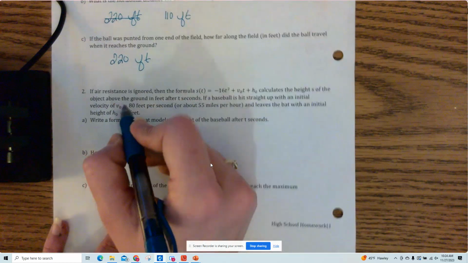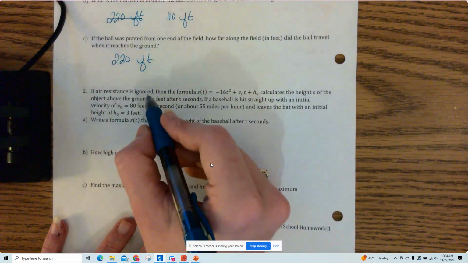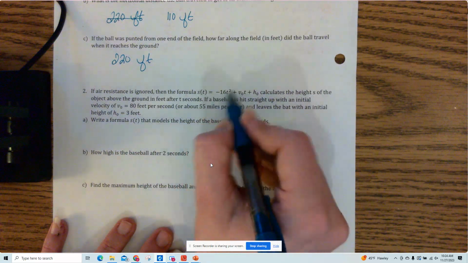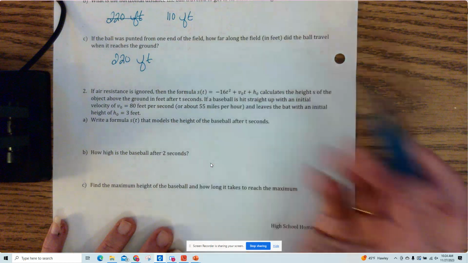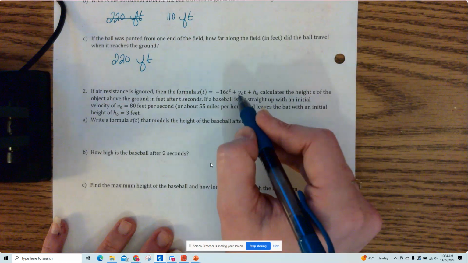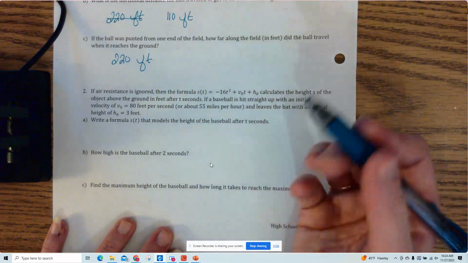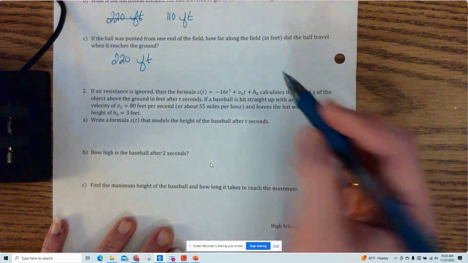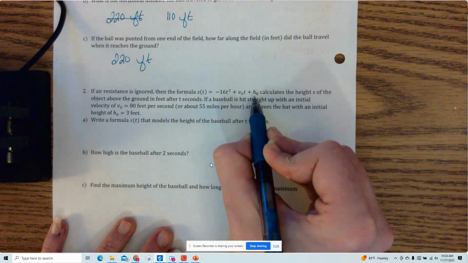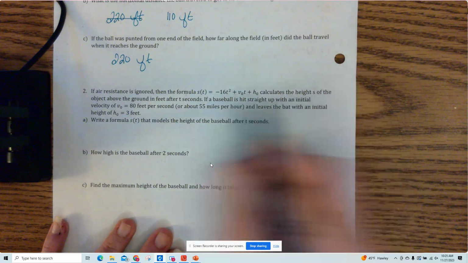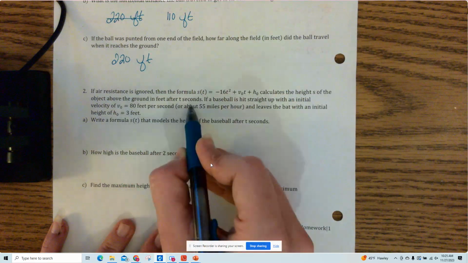But right. If air resistance is ignored, then the formula S of t equals negative 16t squared. So there's that gravity constant. Plus original velocity. V of O stands for original velocity, original speed. Plus H of O, original height. Calculates the height, S, of the object above the ground in feet after t seconds.